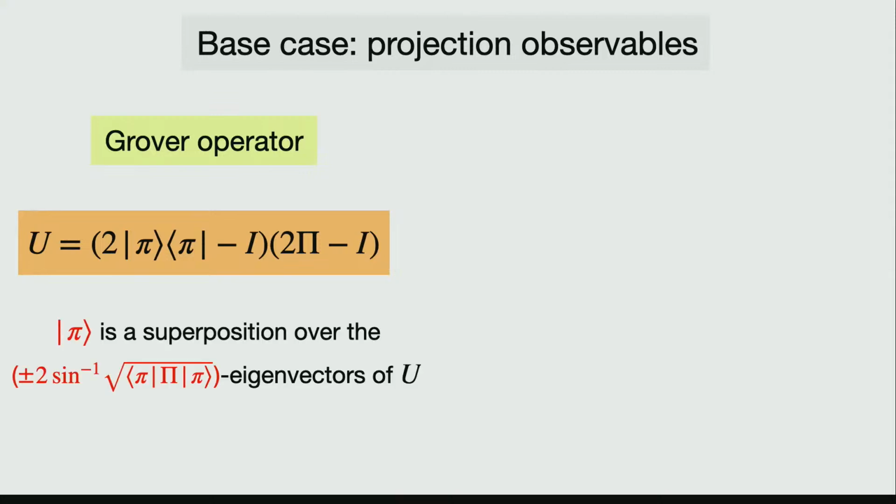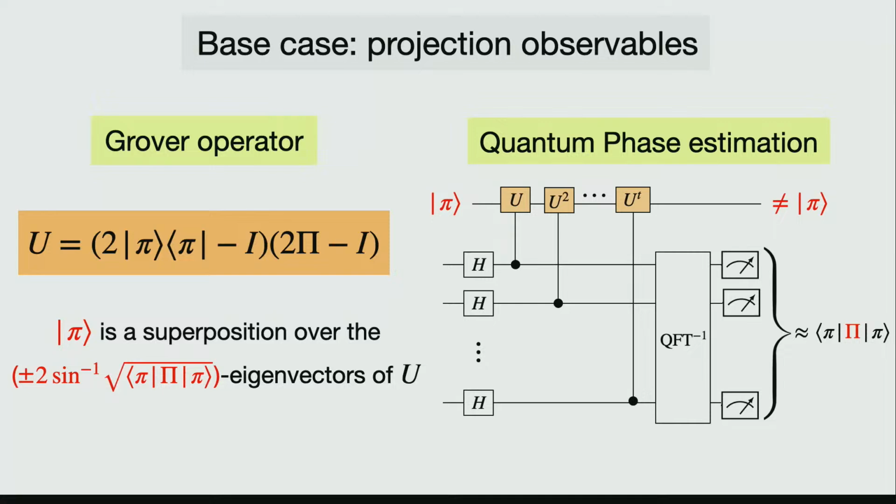What you can show is that the quantum Gibbs state is a superposition over eigenvectors of this operator, whose eigenvalue encodes the expectation value that you want to compute. When an operator encodes something in the eigenphase, you want to apply phase estimation.